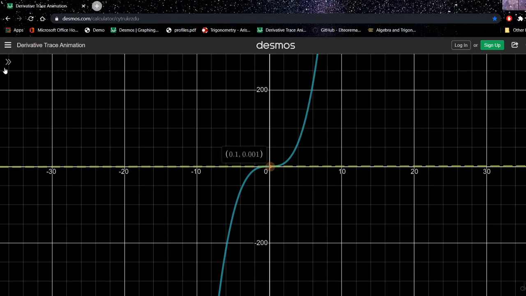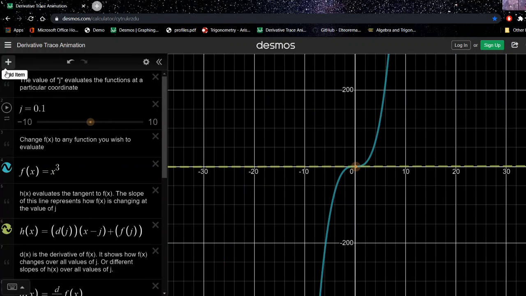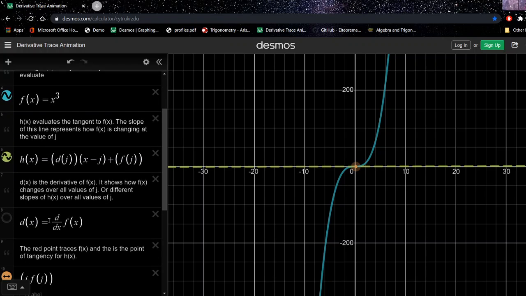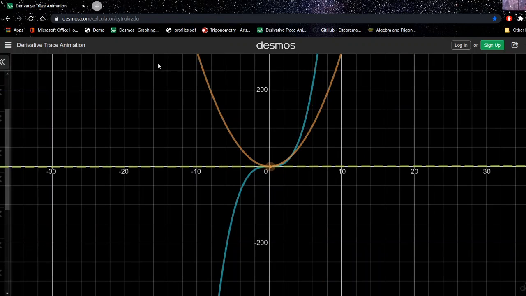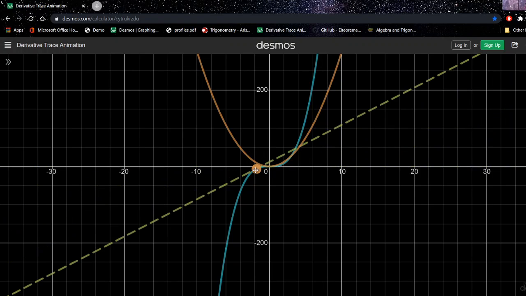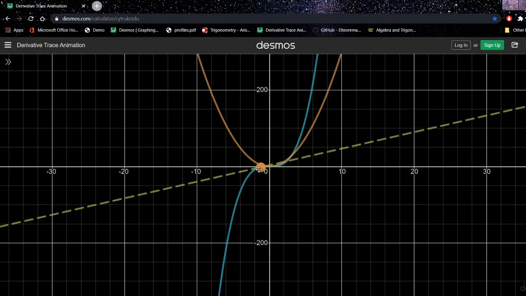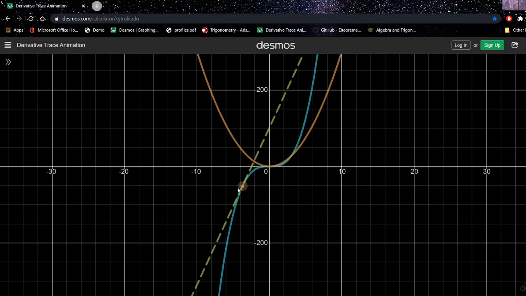Now let me show you the differentiation of this graph. You see the orange line? If I differentiate x cube, I get this function. I'm not telling you what it is because you won't understand it now, but you can see that here the slope is 0, and that is why the orange line is also 0.